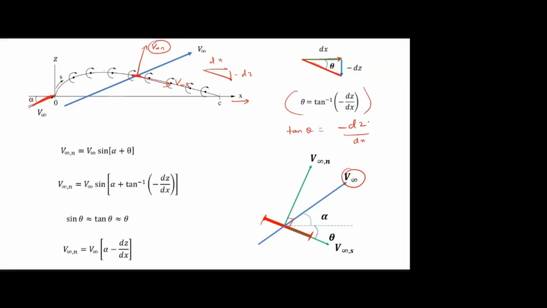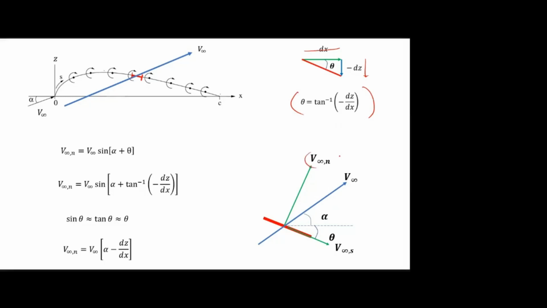Is it clear? This is the slope of the curve on this small reference line. For this small length, I'm finding the slope. This is dx, this is minus dz. So theta is equal to tan inverse of minus dz by dx. So I found the theta.